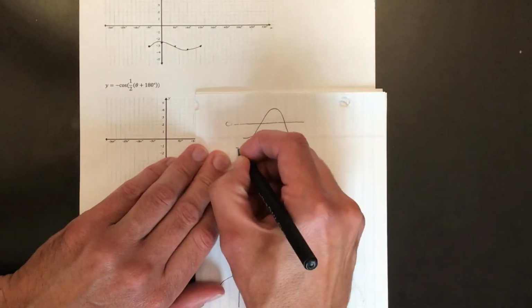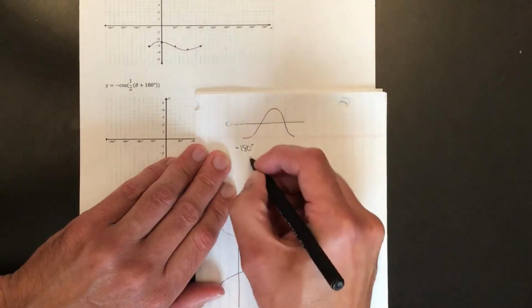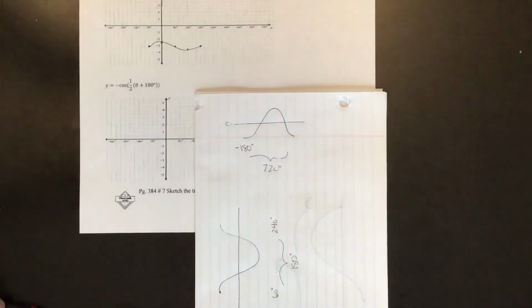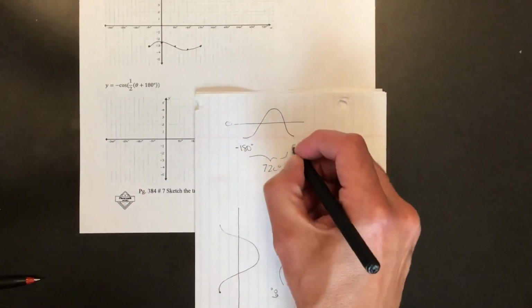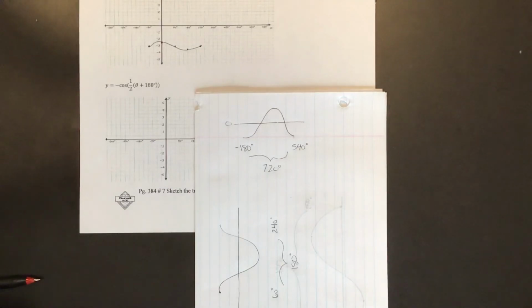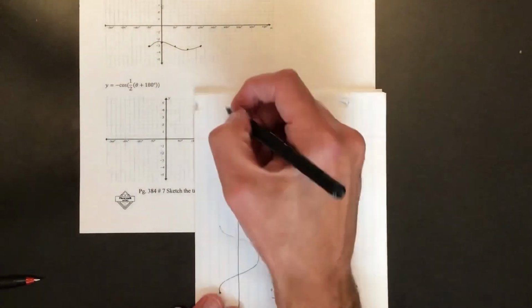So I'm starting at negative 180. And I'm adding on 720. So 540 is where I'm going to end up. Amplitude is 1.